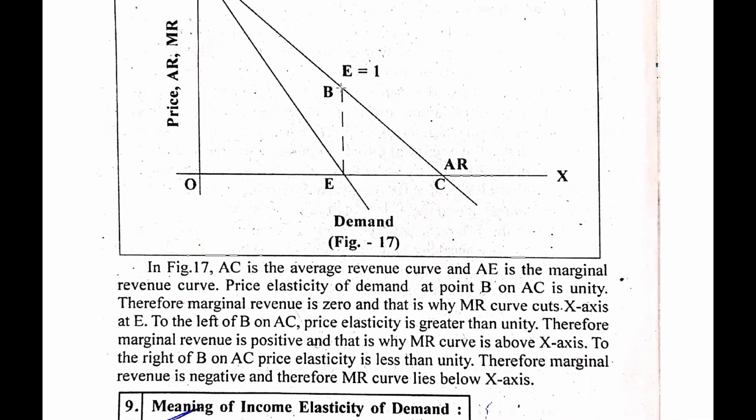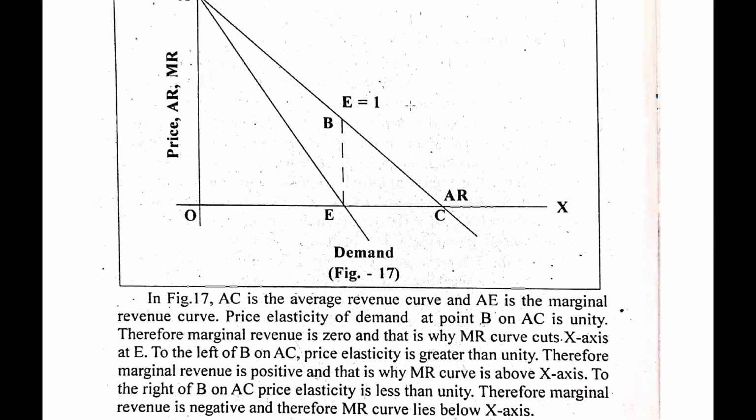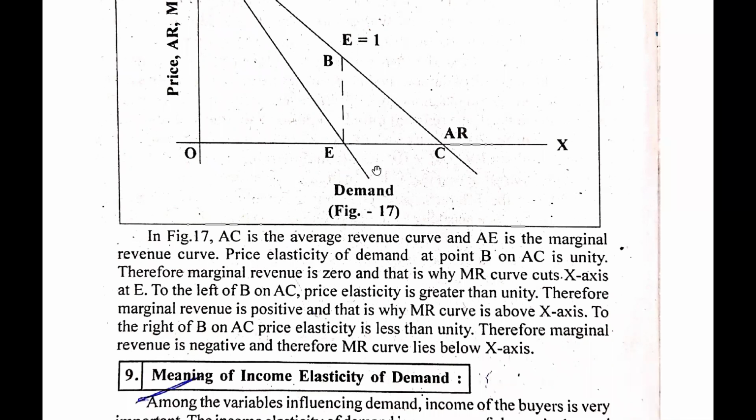So here the price elasticity of demand will be unity, and marginal revenue is 0. That is why the marginal revenue curve cuts the x-axis at E, to the left of B and AC.